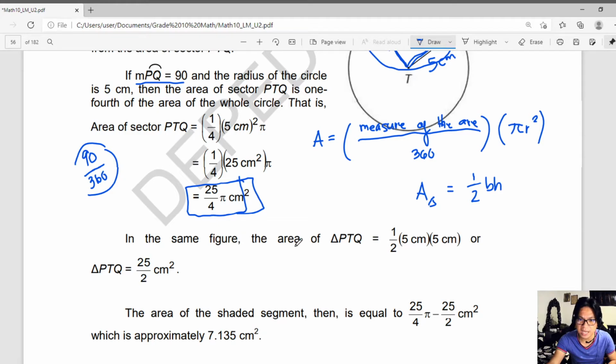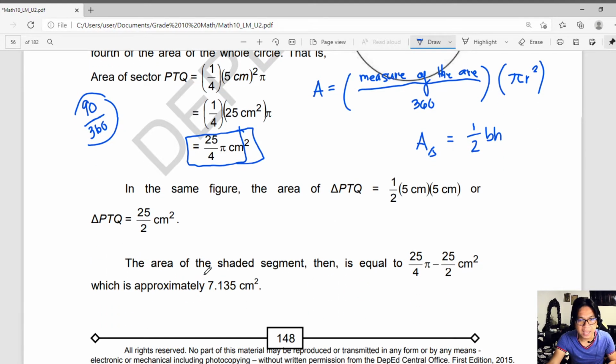In the same figure, the area of the shaded segment is equal to 25 over 4 pi, the area of the sector, minus 25 over 2 cm squared, the area of the triangle, which is approximately equal to 7.135 centimeters squared.